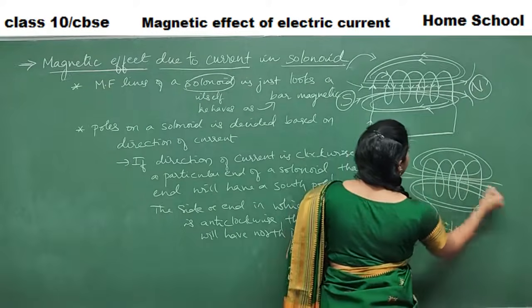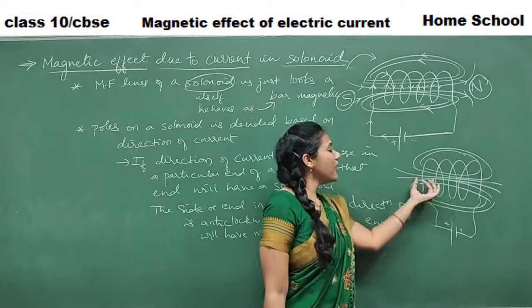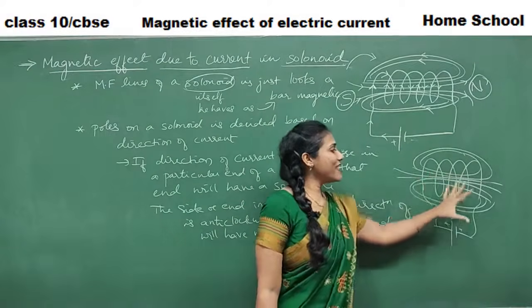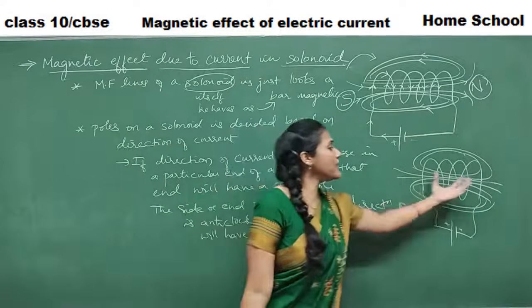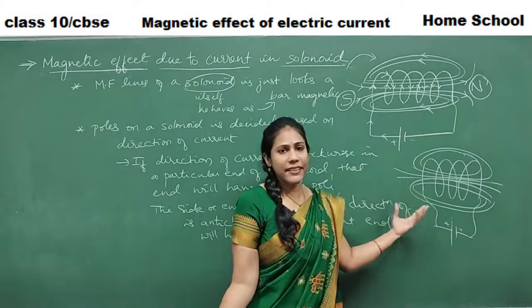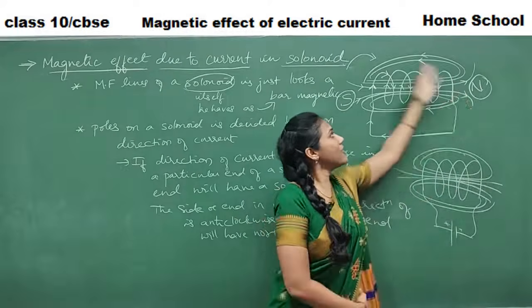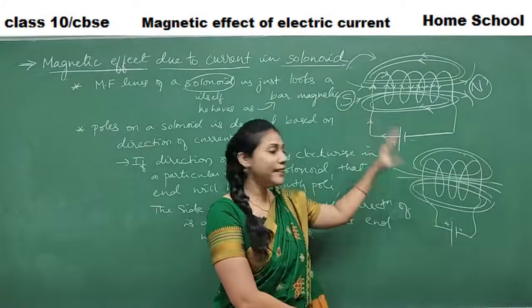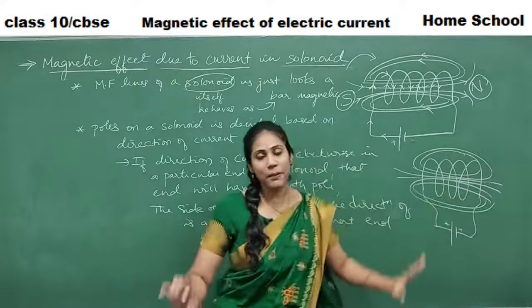Say you want to know the direction of the magnetic field lines, or which side of the solenoid is acting as a south pole and which side as a north pole. If you know the poles, you can say the direction of magnetic field lines, isn't it? Because the magnetic field lines will move from the north side to the south side, right? So you will have to know experimentally which is the south side and which is the north side.